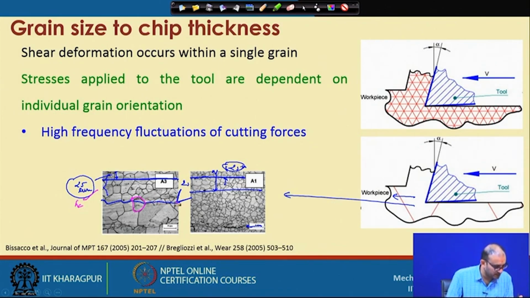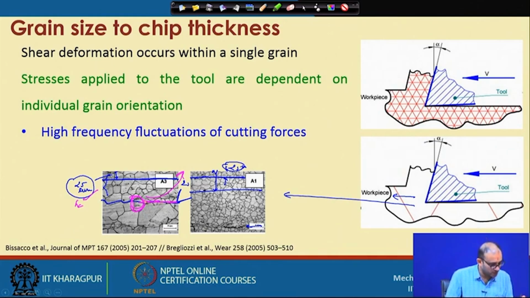As soon as it initiates the crack or the shearing, at that time this whole thing will move very easily. But as soon as it encounters this particular grain, this whole grain comes into the picture, and then you have to cut the grain. So suddenly you have to apply more force to cut this, because you are not getting a boundary.